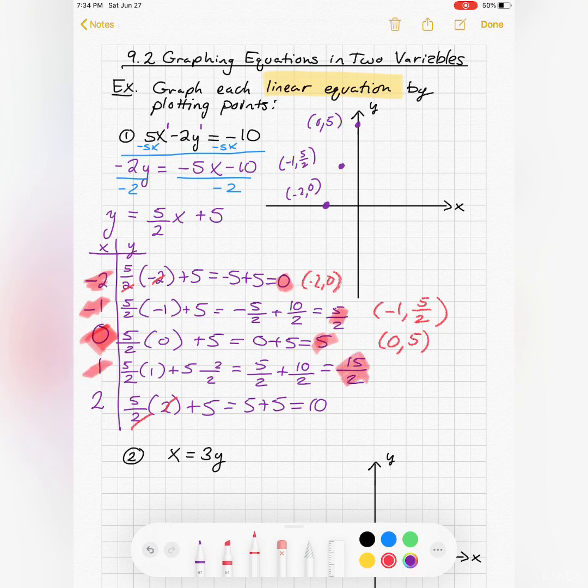One, 15 over 2. Let's see, 15 over 2 is what, 7.5?